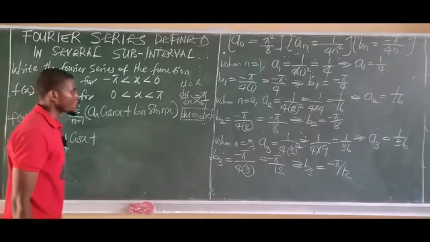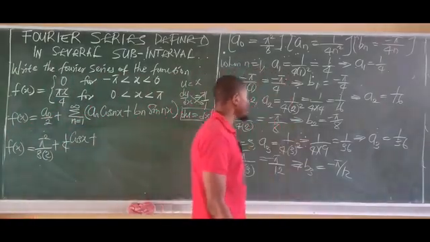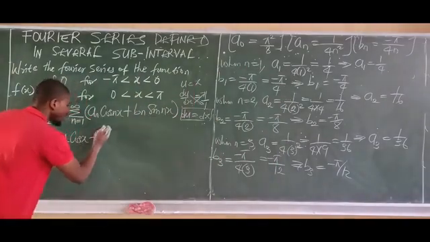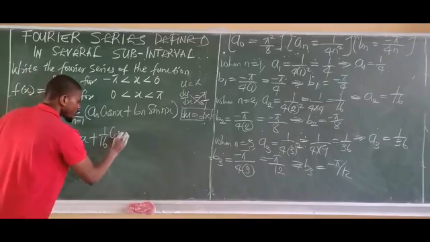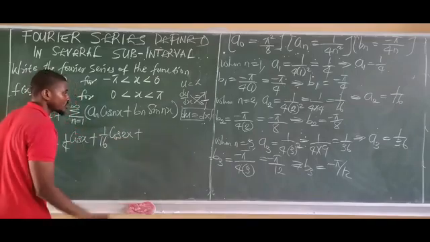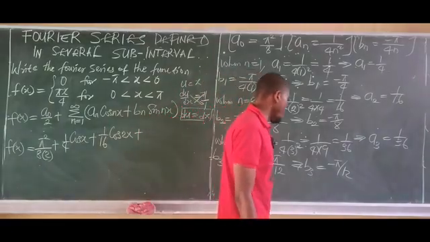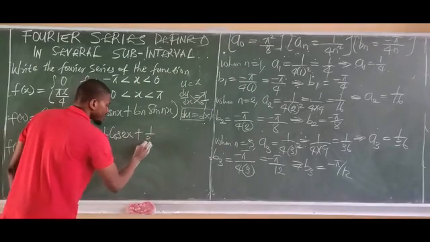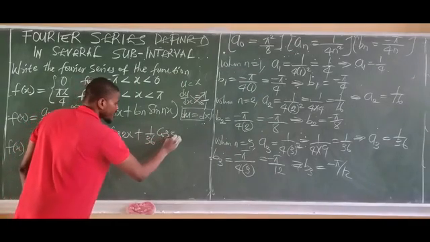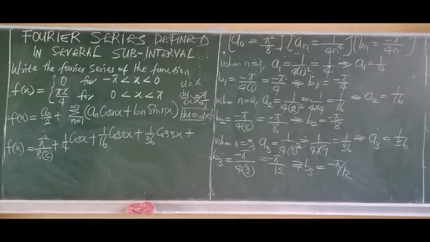Plus, when n is equal to 2, we had a2 to be equal to 1 all over 16. So this is 1 all over 16 cos 2x. Plus, we stop at 3. a3, when n is equal to 3, we had it to be 1 all over 36. So this is 1 all over 36 cos 3x plus. Okay, so let's stop there for the cosine series.